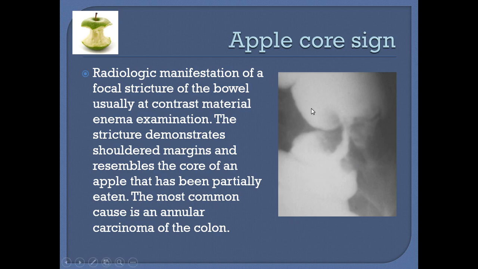We can have a barium swallow for evaluating the pathologies of the esophagus. We can have a barium meal to evaluate the pathology of the stomach and duodenum. We can have a small bowel enema for the small bowel pathologies and a large bowel enema for the large bowel pathologies.